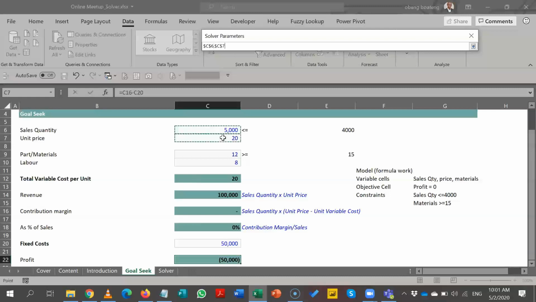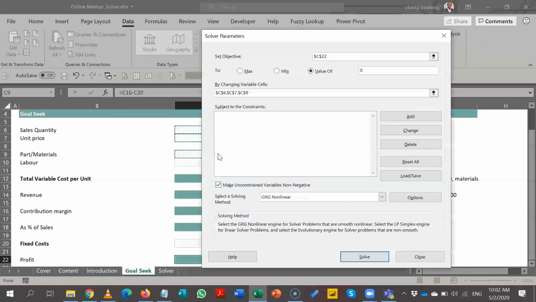When you do that, you realize there's a comma between the first cell and the second cell. So Control select, and then the third one is this. So I have selected my variable cells at this point: C6, C7, and C9.